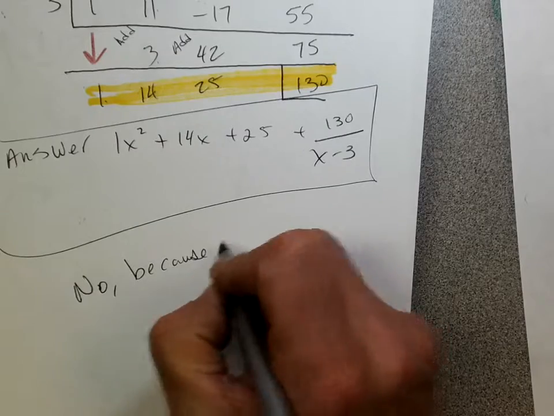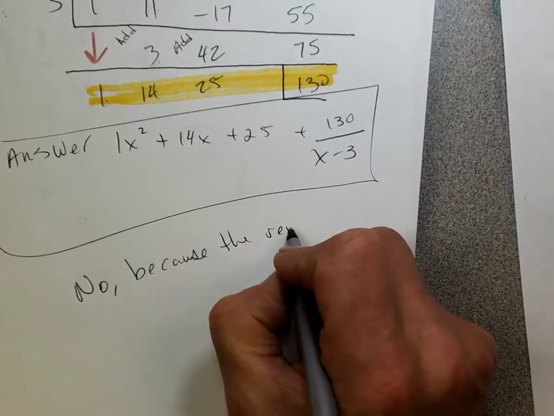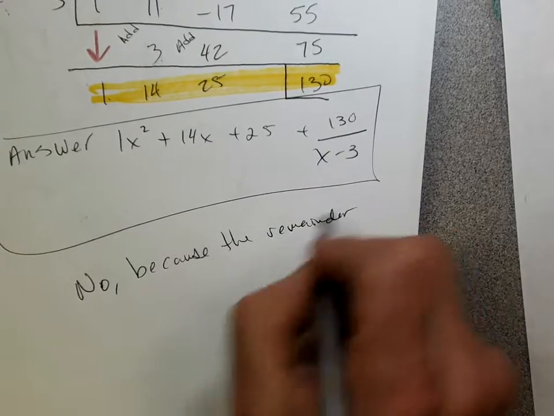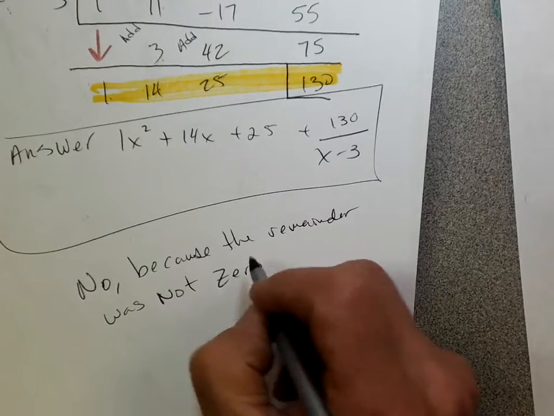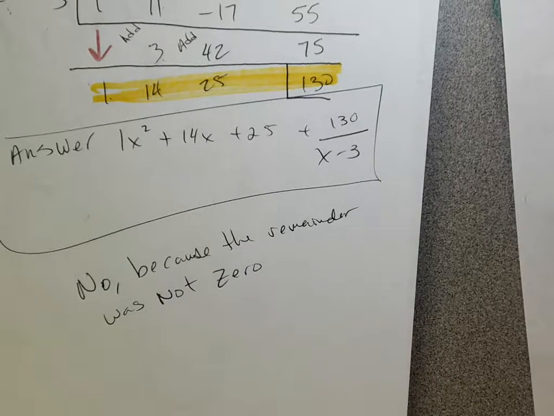Because the remainder was not 0. Okay, if you get a remainder of 0, then it's a factor, right? It goes in evenly. But you have to write that, okay? You have to explain, just simply because the remainder was not 0. Now, if the remainder is 0 tomorrow, you're going to write, yes, it's a factor, and say why. Why? Because the remainder is 0, okay?